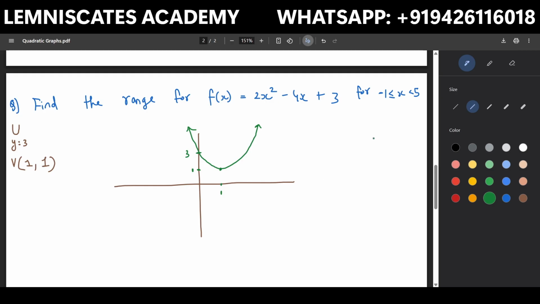And now, because your domain is lying in between -1 and 5, remember 5 is not included, -1 is included. Okay, so let's go ahead and find out the respective outputs at -1 and 5. So at -1, if I use my CAIE directly, of course you can do it along with me in your CAIE, 2 times -1 square minus 4 times -1 plus 3, and that answer comes out to be 9.